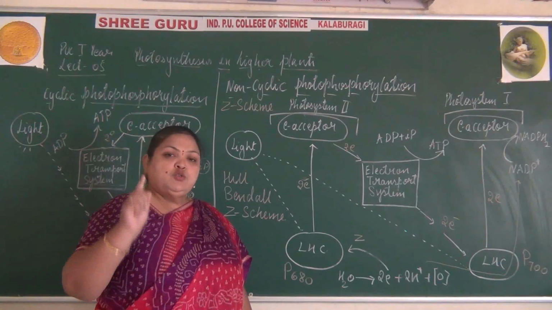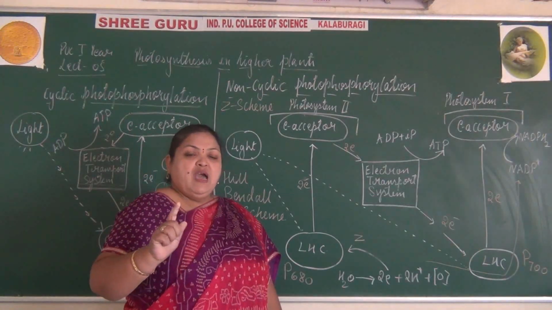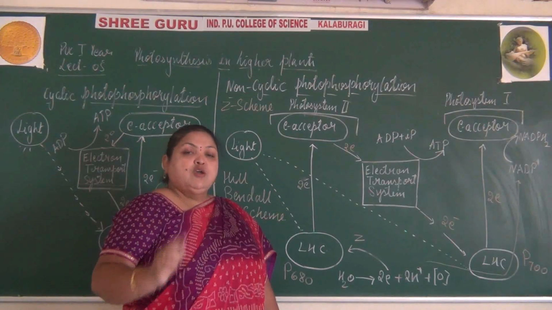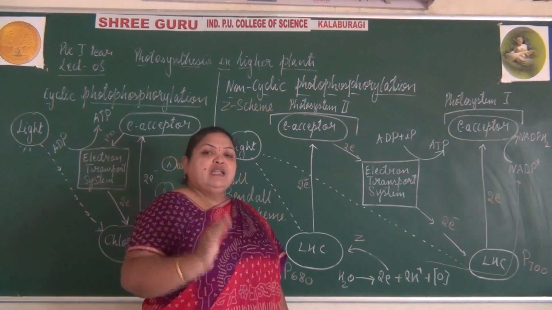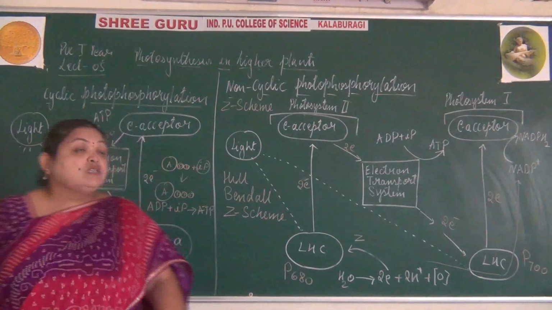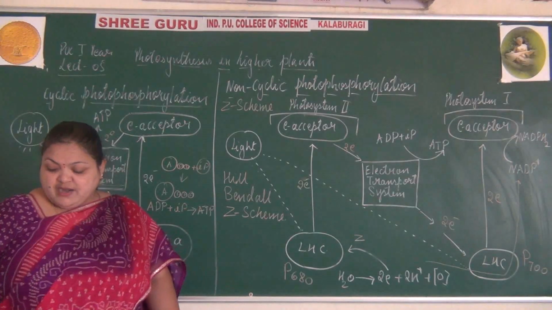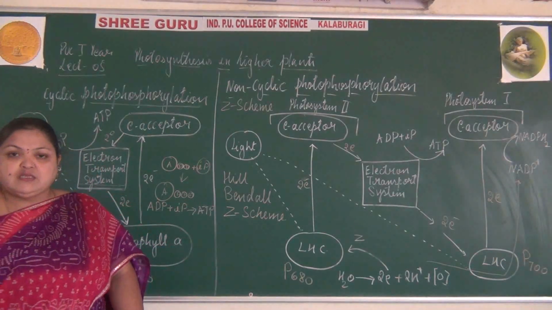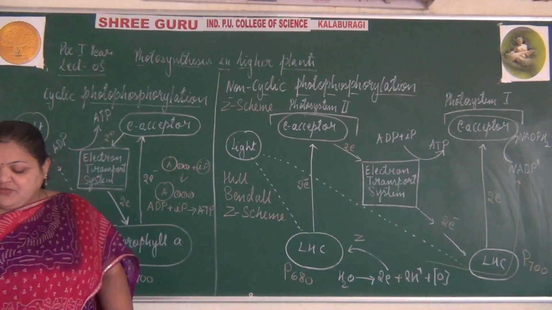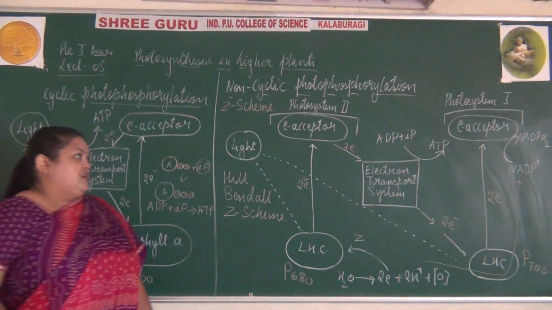But in these two processes, ATP and NADPH are synthesized. So with the figures, let us study the differences between cyclic and non-cyclic photophosphorylation. What differences can you find?